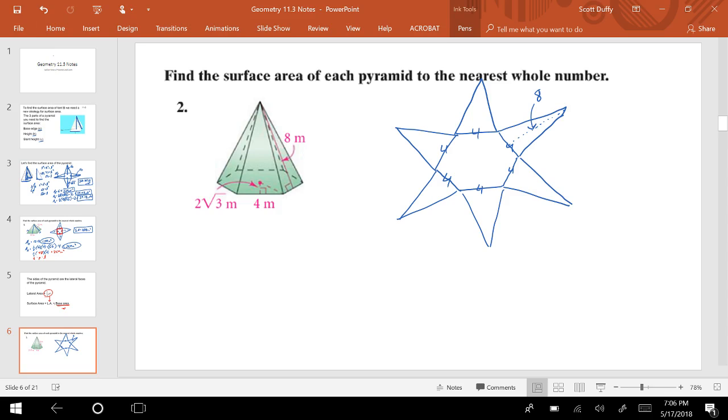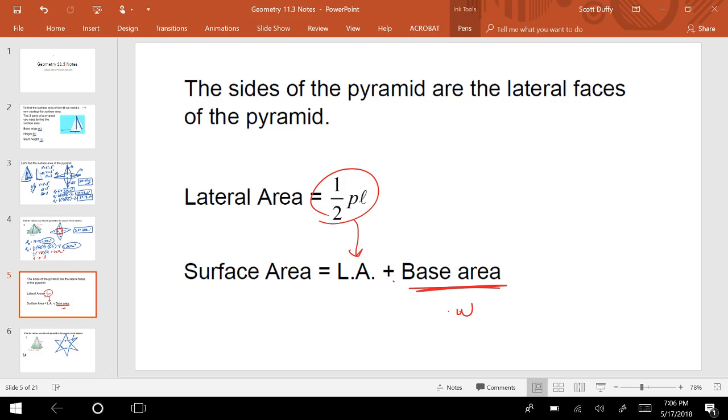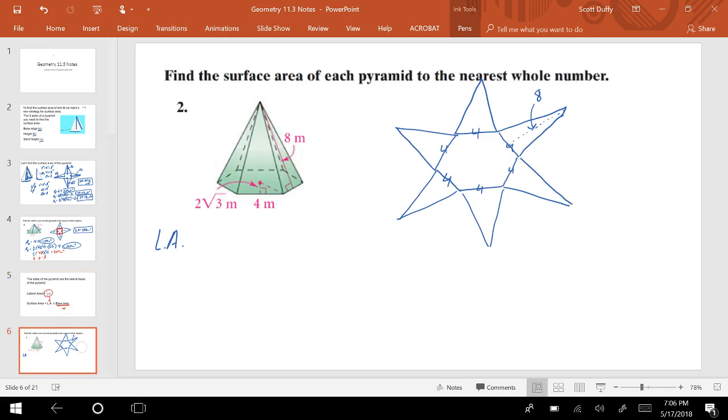So I'm going to start with the area of those triangles. I realize that there are 6, and let's say that if I want to find the lateral area, I use my 1/2 times the perimeter times the length. Saves me some steps.